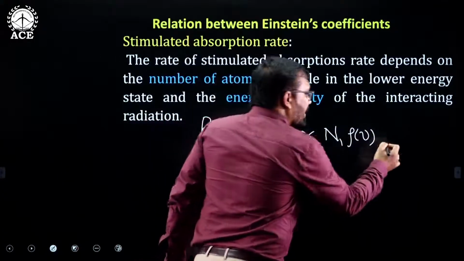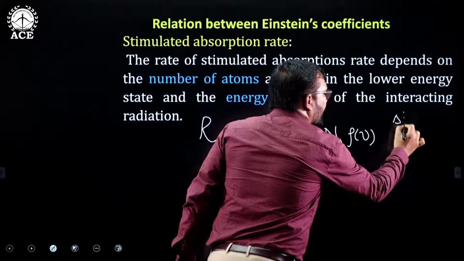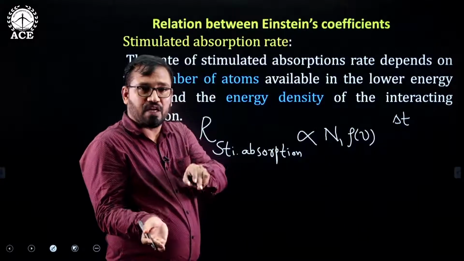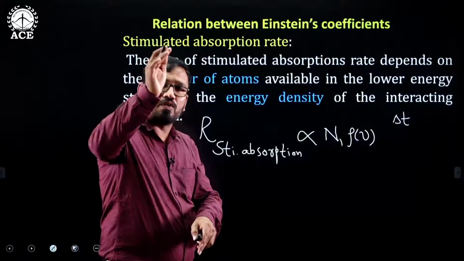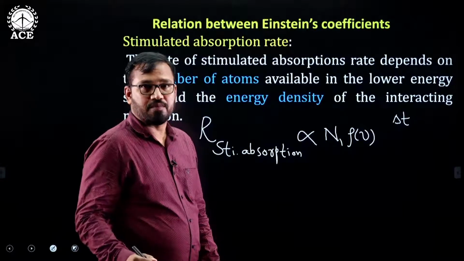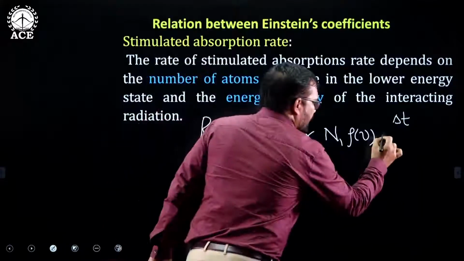It also depends on the transition time, which is how much time the transition of atoms from the lower energy level to the higher energy level takes. Say, delta T is the transition time.